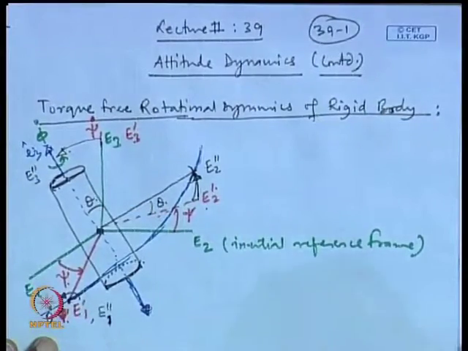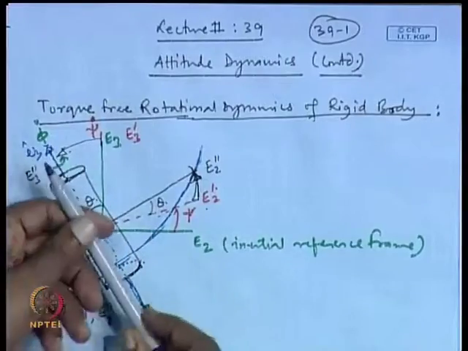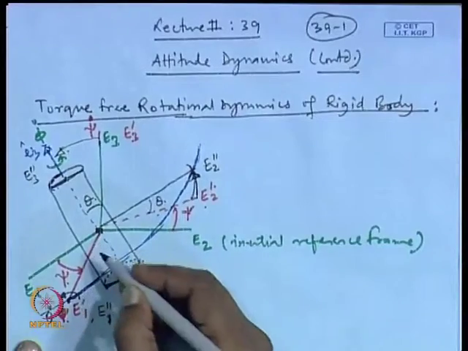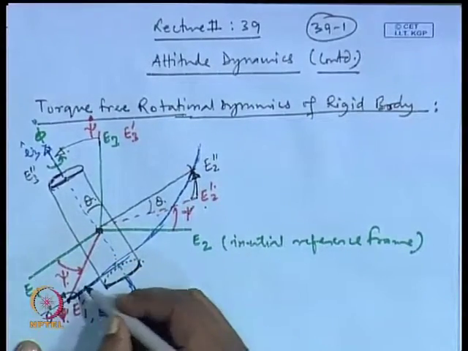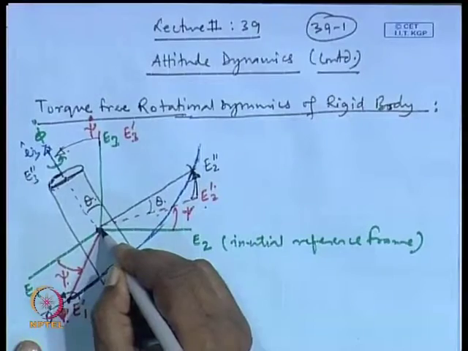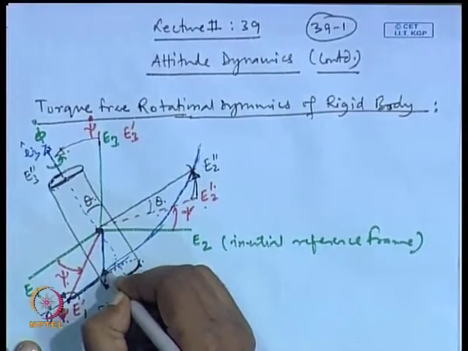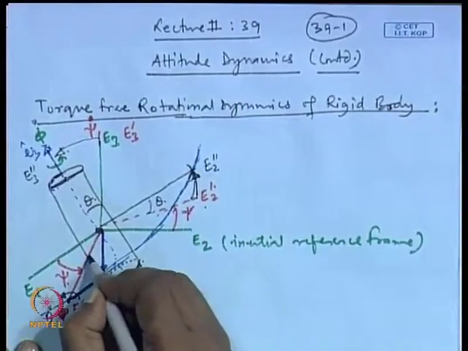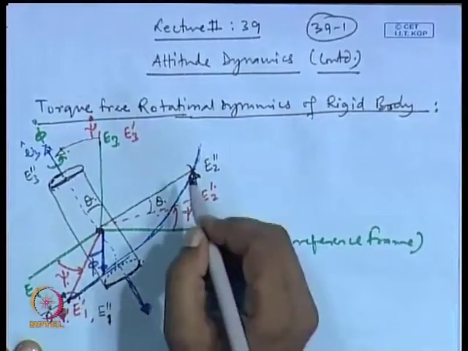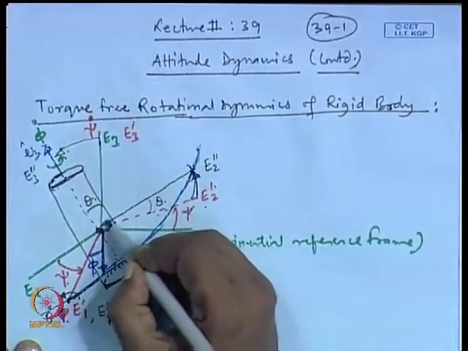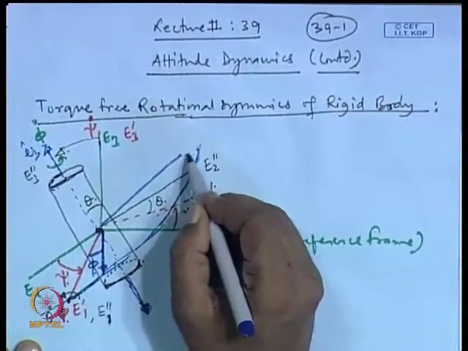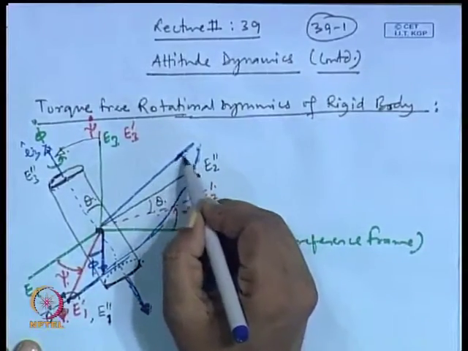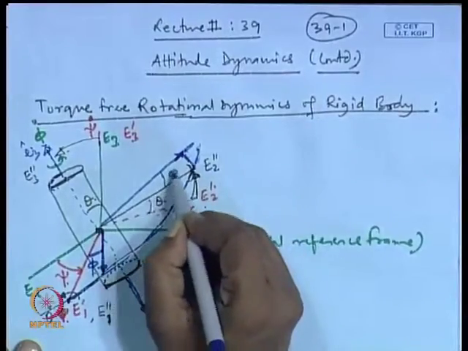Now, once we next rotate about this x, we are giving a rotation like this. If you rotate by phi, this line will move from somewhere here to, let us say, this place. This is the angle phi, and this will move away from this place to here, and we can show this by angle phi.